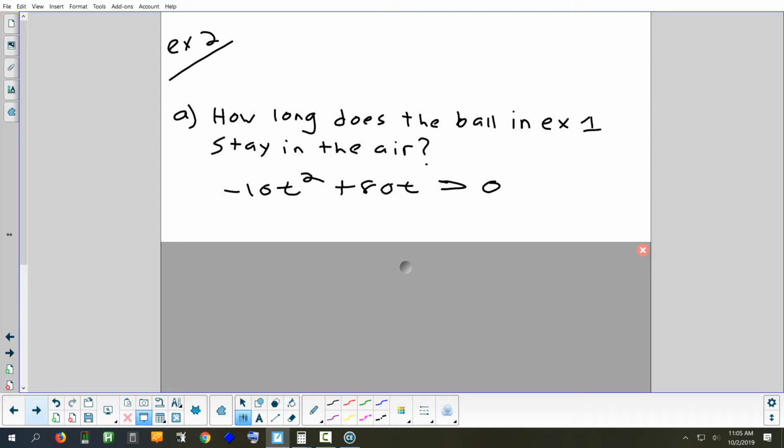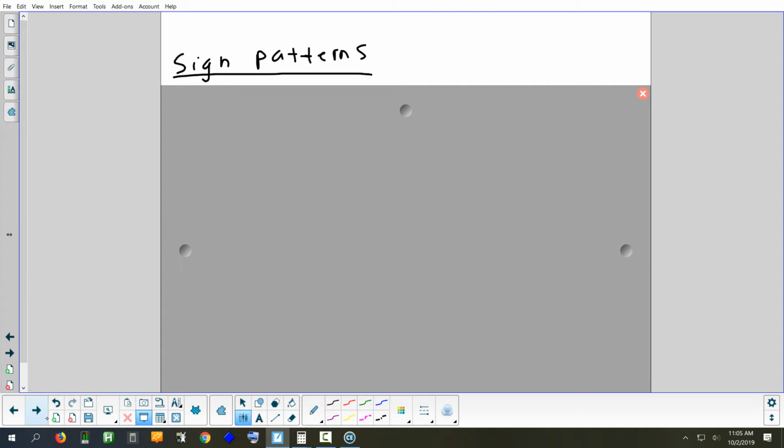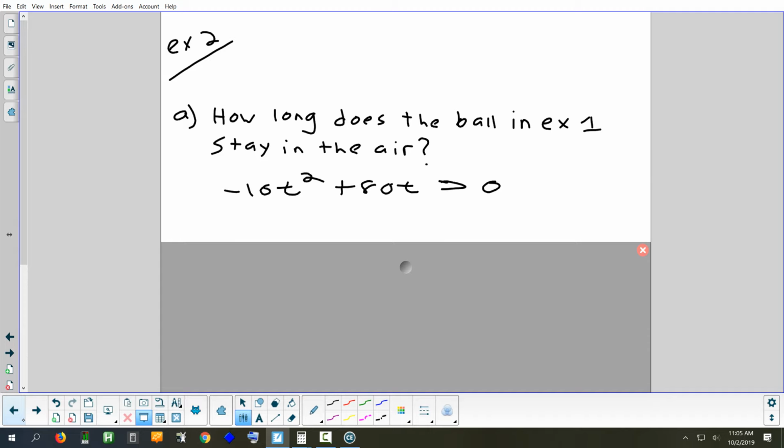Okay, now we're going to learn in the next part what a sign pattern is. Basically, the only way to solve a quadratic equation is to factor it. You have to be able to factor this. Does anybody see what you can factor out of both terms on the left? Yep, 8.